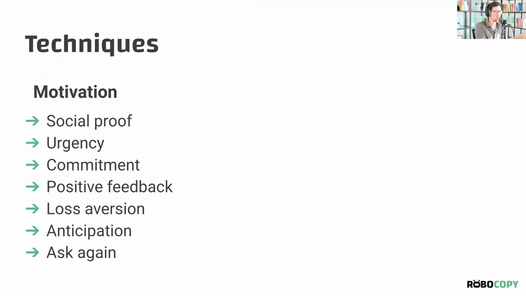Along these three axes, there are different copywriting techniques that you can use. If we look at motivation, there are techniques like social proof, urgency, commitment, positive feedback, loss aversion, anticipation, ask again. These are all psychological principles, copywriting techniques that you can use to increase motivation.